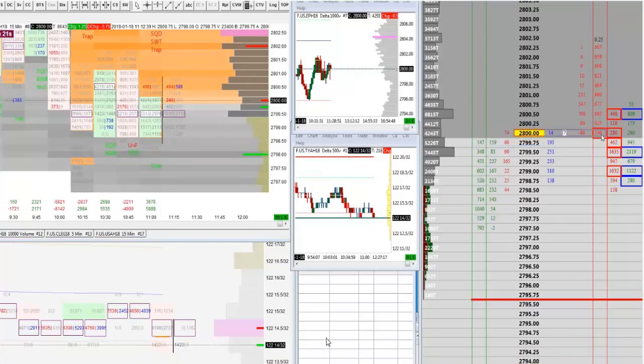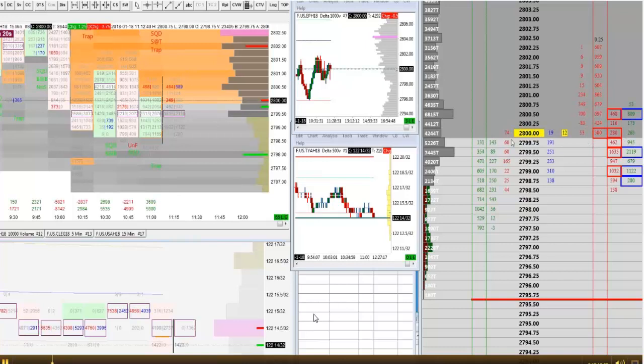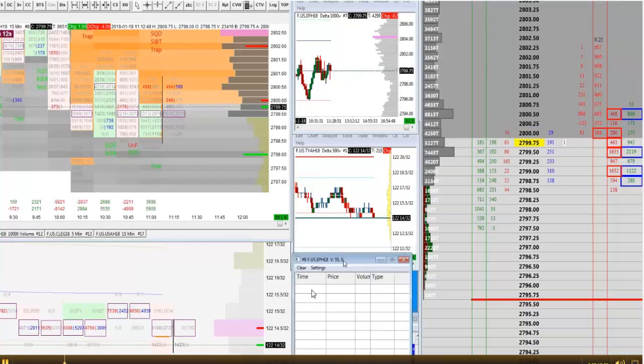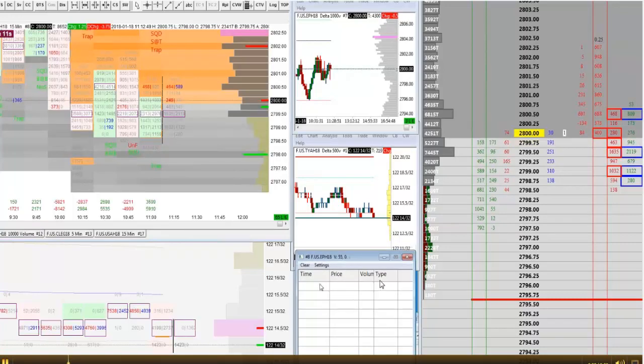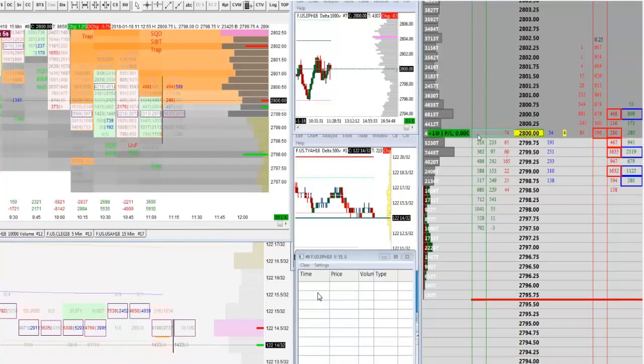This box here is a filtered tape. I'm waiting for the seller to come in. Let's see what happens. There's nothing there. This is a filtered block trade. Waiting and waiting. I'm still not in. Okay, no, I do get in. I anticipate, but I only get in with one contract.